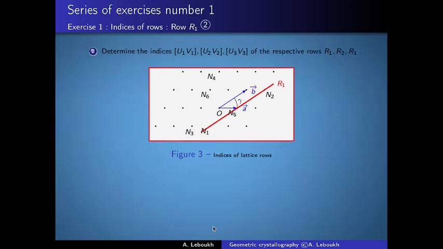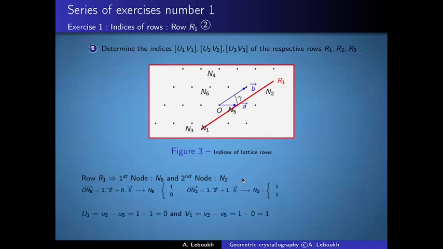In the same way, we can find U1 and V1 by taking N5 as first node and N2 as second node. Here also the two nodes are consecutive, and we find that U1 equals 0 and V1 equals 1 as earlier, and the row is denoted by the same notation.